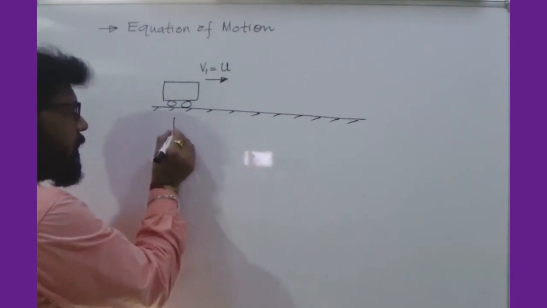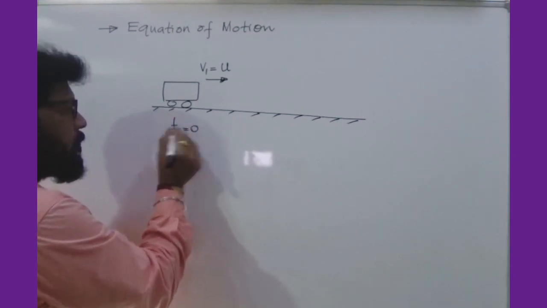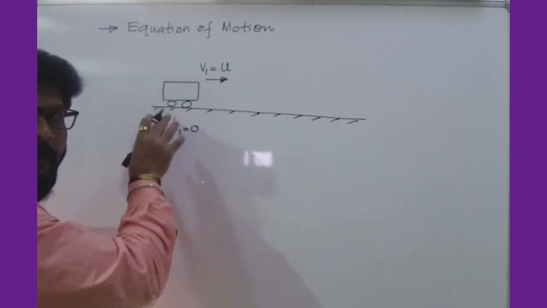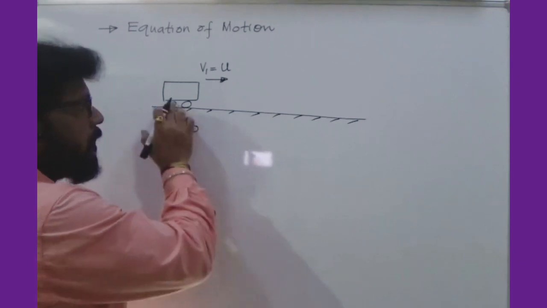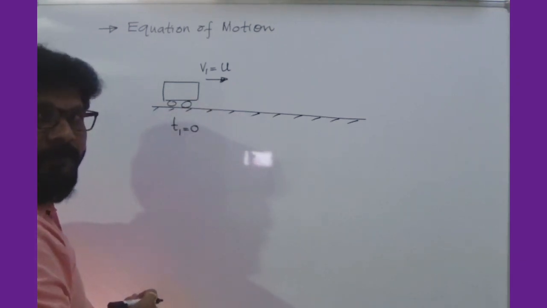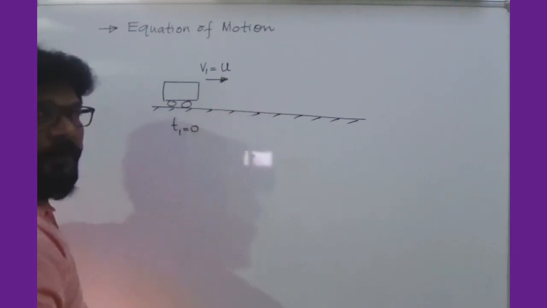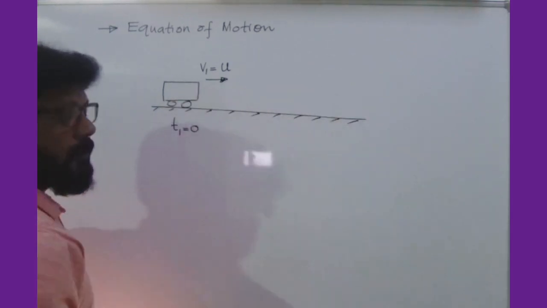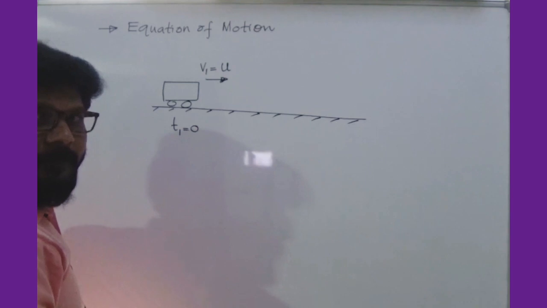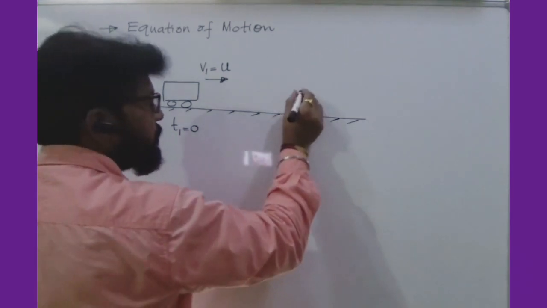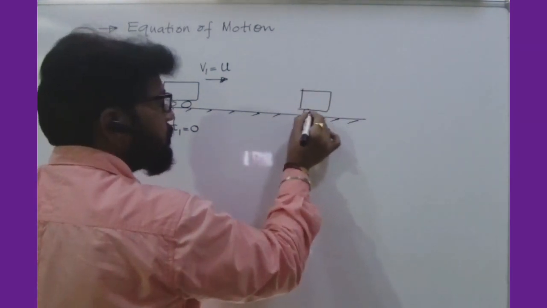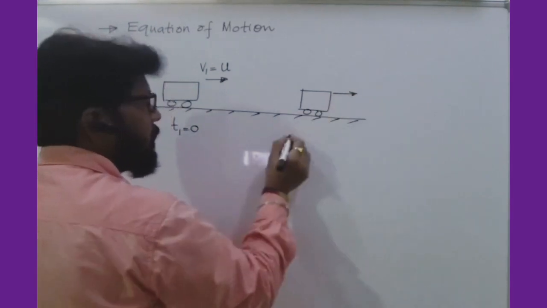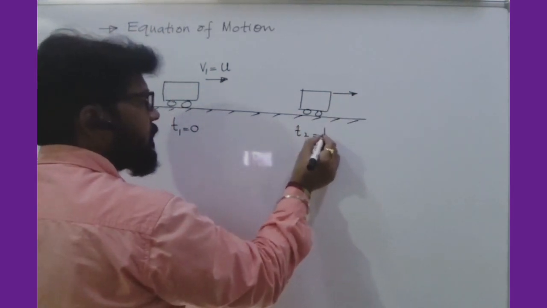At that instant, let us take the time as t1 equal to 0 seconds, when he observes the vehicle moving in the forward direction with initial velocity u. He observes this vehicle continuously for some time, let us take it as t2 is equal to t seconds.